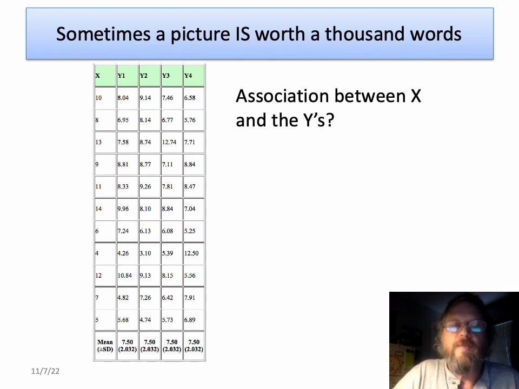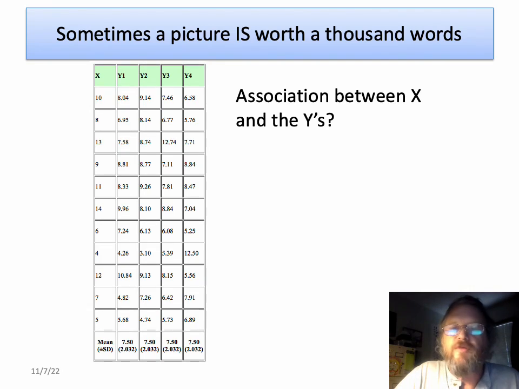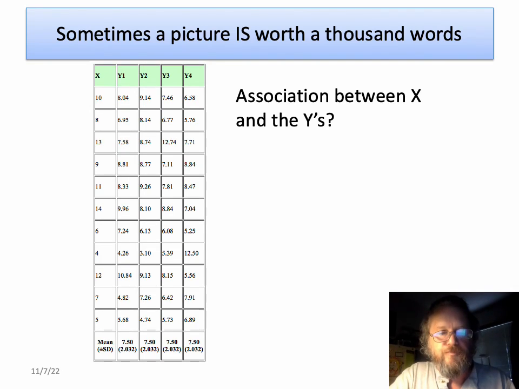All right, so sometimes a picture is worth 1,000 words. I have an x variable and then 4 y variables, and the numbers for y1, 2, 3, and 4 sort of look like they're all over the place. In fact, if I calculate the mean and the standard deviation for y1, y2, y3, and y4, they're all the same.